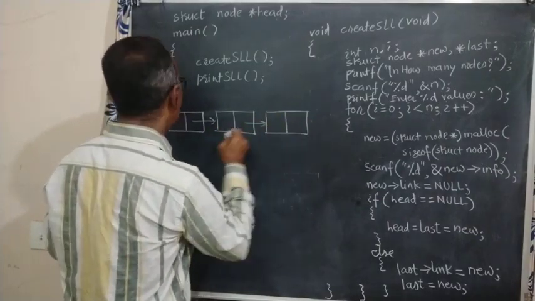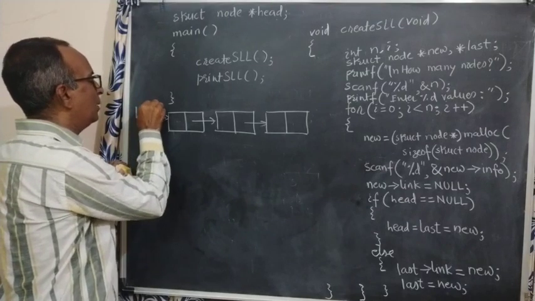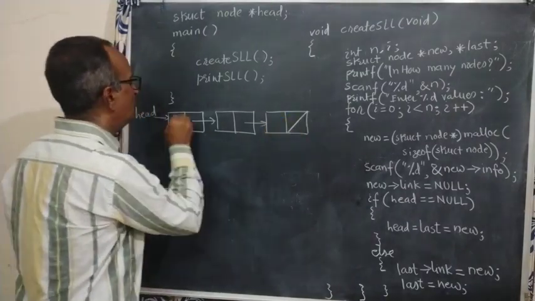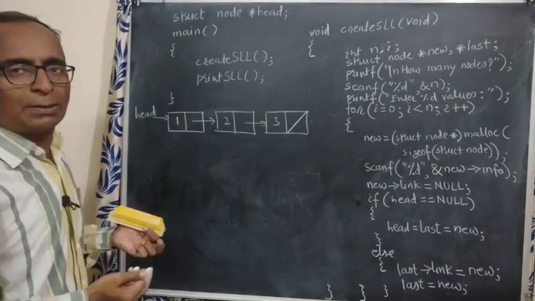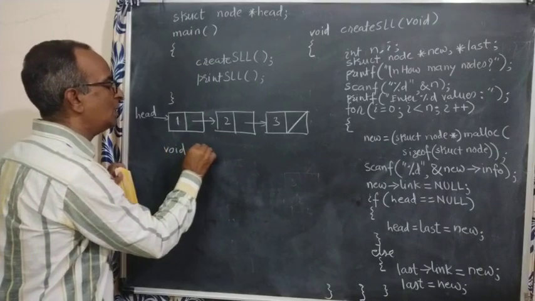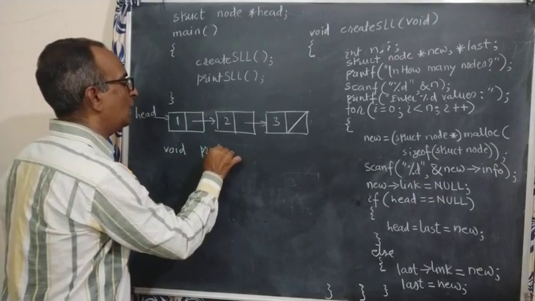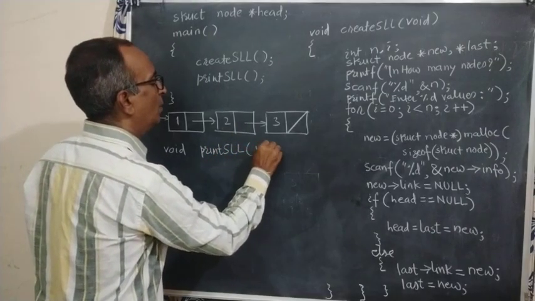Now what is required? This is pointed to by head. Head has been set. This is 1, 2 and 3. Now we will write print list. Now for print list, how have we set the signature? We have thought of writing it this way, with void.